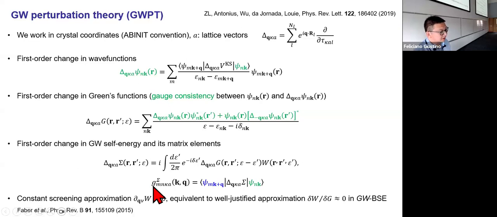It's a pretty good approximation and has been verified early on, even before GWPT, by using frozen phonon approaches. And I'd also like to point out that it's equivalent to a well-justified approximation of dW over dG equal to 0 that has been set in the GW Bethe-Salpeter equation calculation.